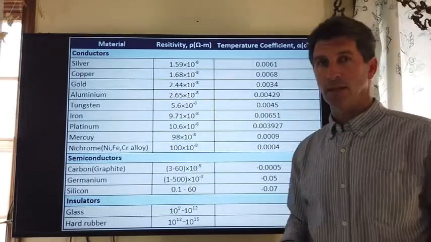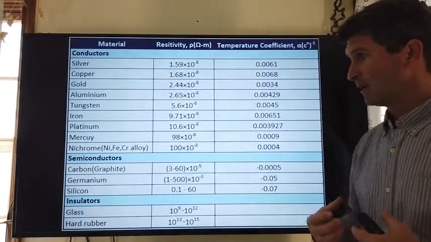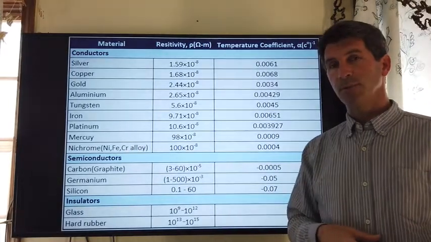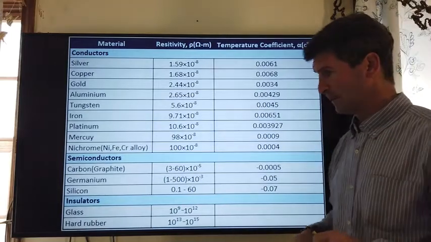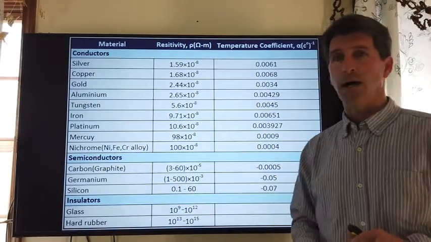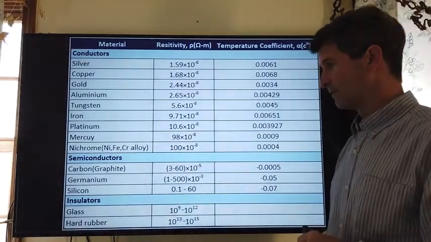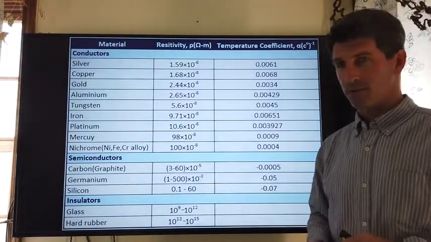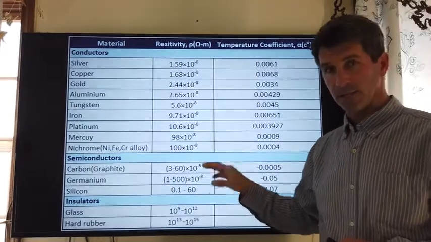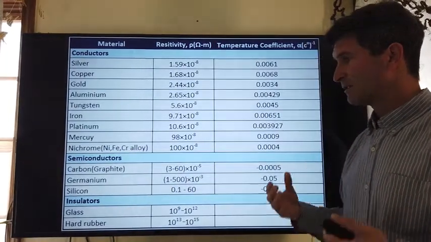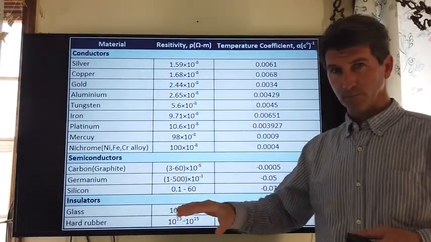We get to the semiconductors where we're starting to talk about bonds that are somewhere in between being covalent and metallic. They're still technically covalent, but they do allow electrons to jump from place to place and holes to jump from place to place. So here, the resistivity has gone up significantly, many, many magnitudes, but it's still relatively low for carbon.